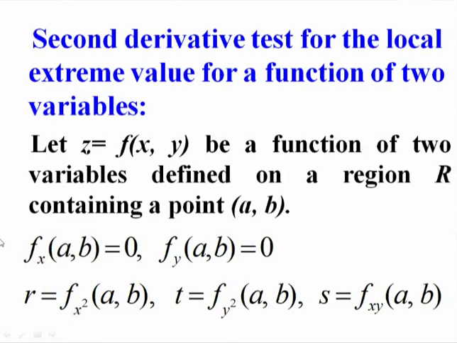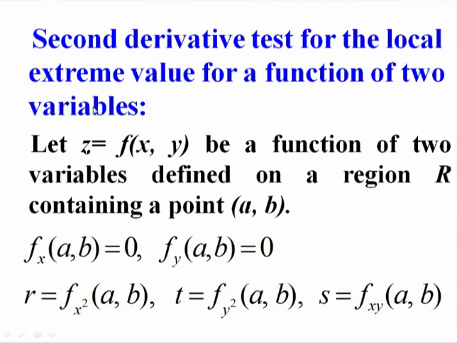Now we want to discuss a method of finding maximum or minimum values, which are known as extreme values. Extreme value means either a maximum value or a minimum value for the function, and we want to discuss a method of finding extreme values of a function of two variables. So let z is equal to f of x y be a function of two variables defined on a region R containing the point a, b.